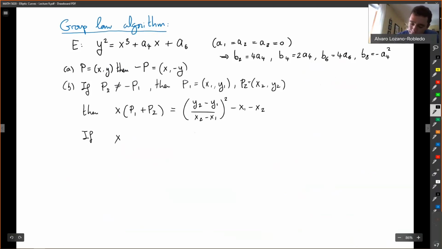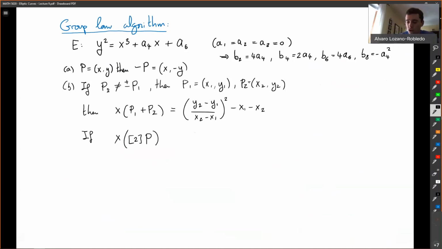Okay, so if P1 equals P2, probably this is for P, not P1 or P2, then what we're doing is doubling. I want to know how much is 2 times P. The multiplication by a number, if you are adding 2 points together, we're going to call it bracket 2.